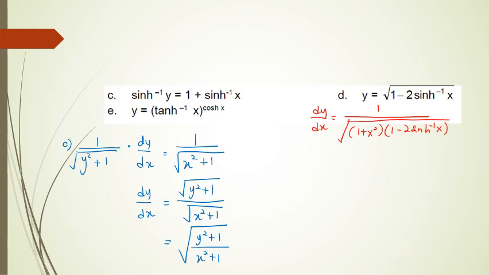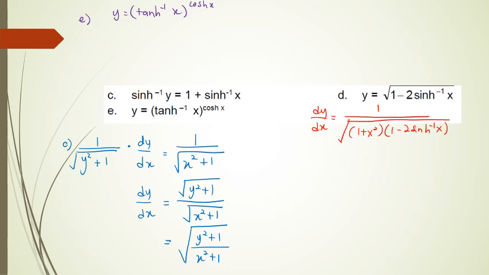Then E, y equal to tangent hyperbolic inverse x power of cos hyperbolic x. This one I will do for you. When we see a function with a power function, we have to use ln on both sides. So we have y equal to tangent hyperbolic inverse x power of cos hyperbolic x.